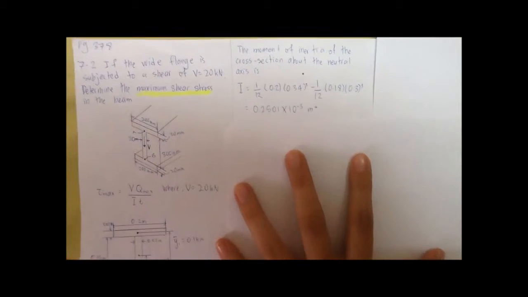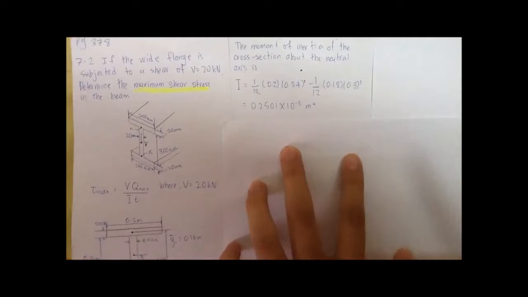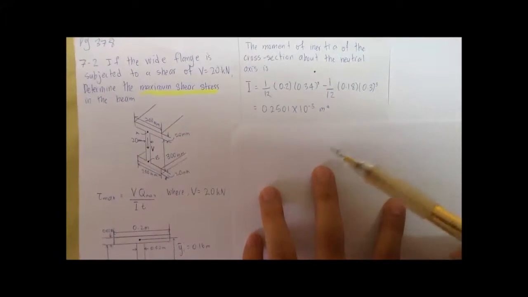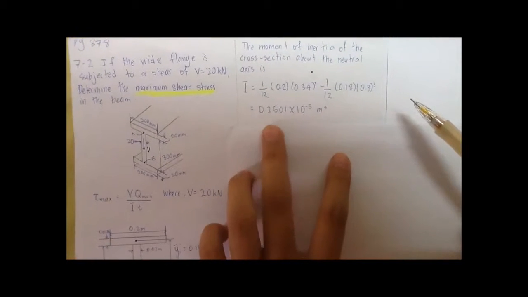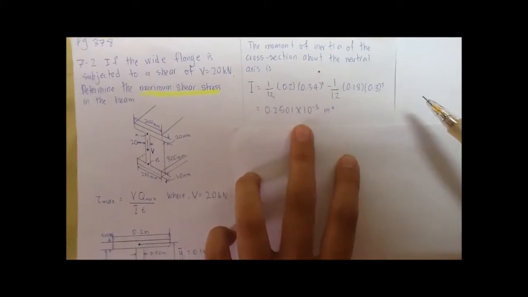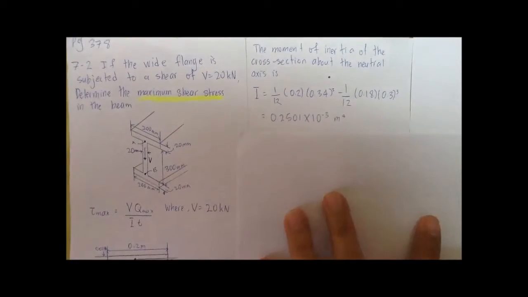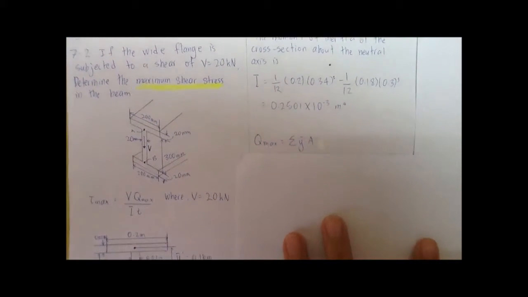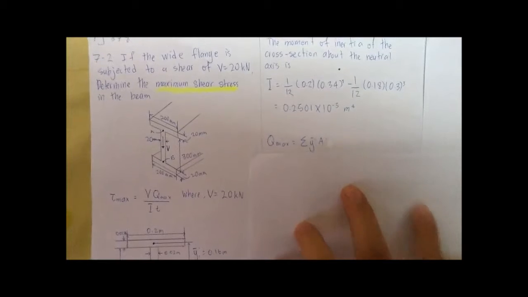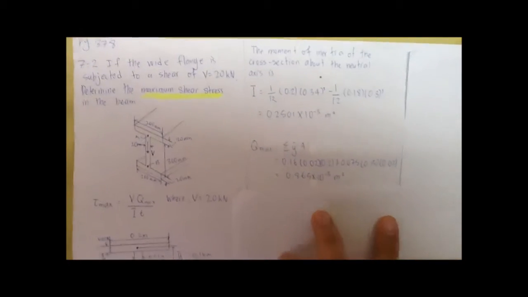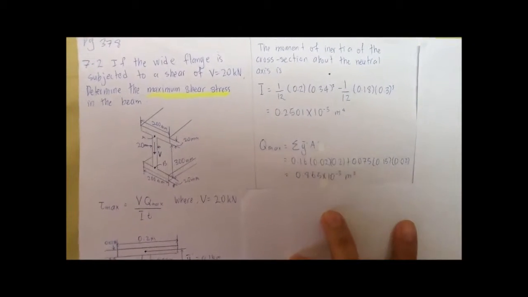This is the calculation, and the value of the moment of inertia of the wide flange beam is 0.2501 multiplied by 10 to the power of -3. To find the Qmax, use this formula, which can be found in the figure that I drew.